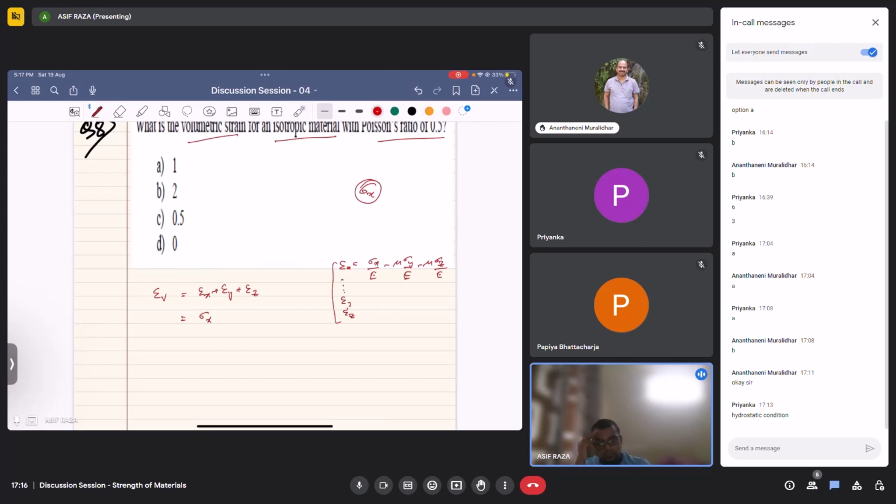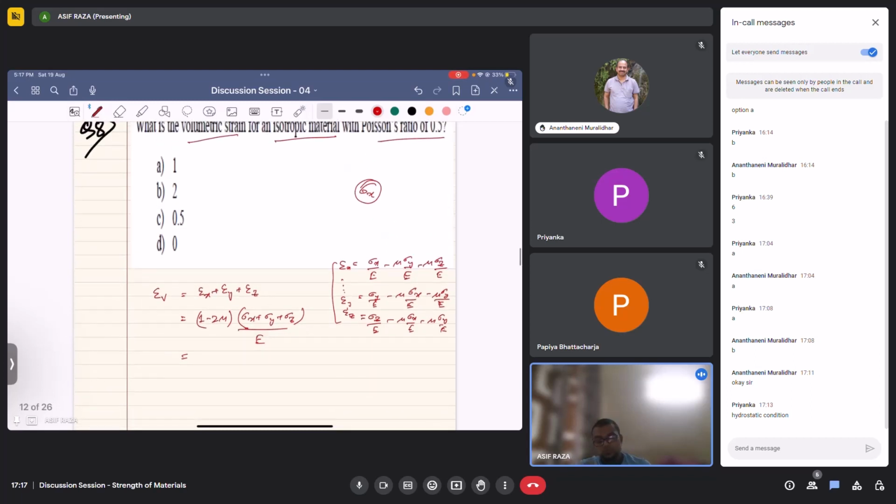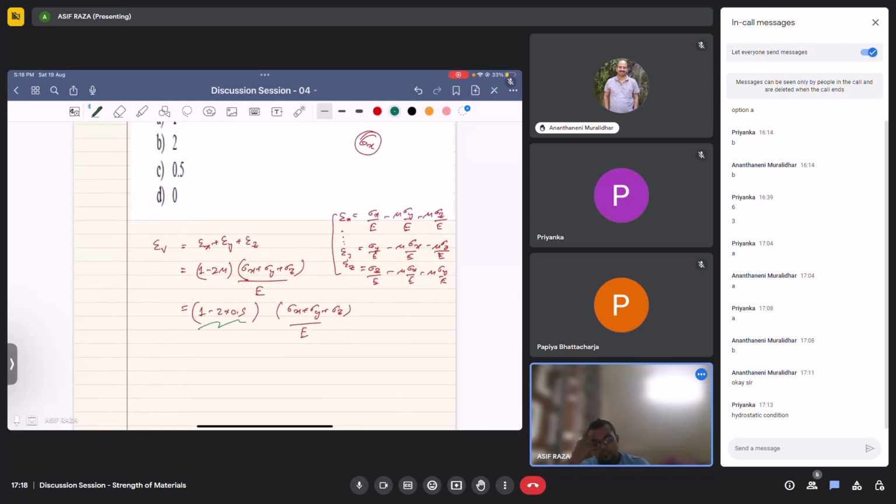When I add all the equations, this would be equal to (1 minus 2 mu) times (sigma x plus sigma y plus sigma z) upon E. So this thing becomes 0.